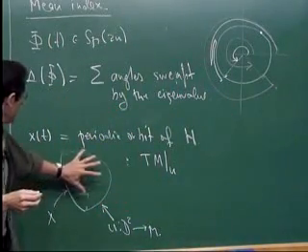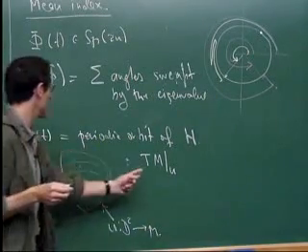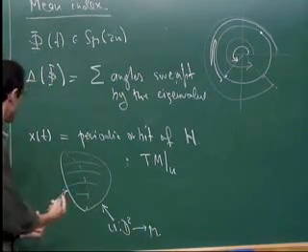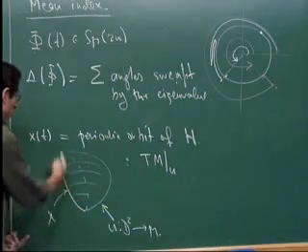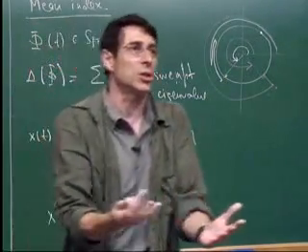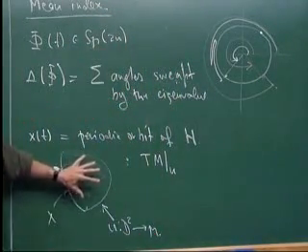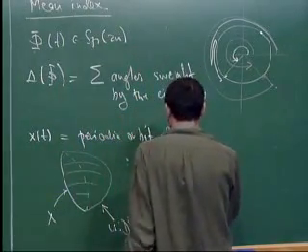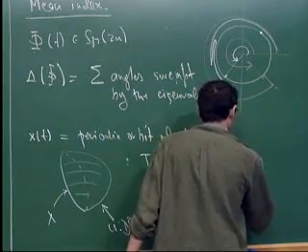So let's fix such a disk, and let's fix a trivialization of the tangent bundle over the disk. If I just try to trivialize the tangent bundle along x, x is a circle, and there are tons of different trivializations. But a disk is contractible, so there is just one.